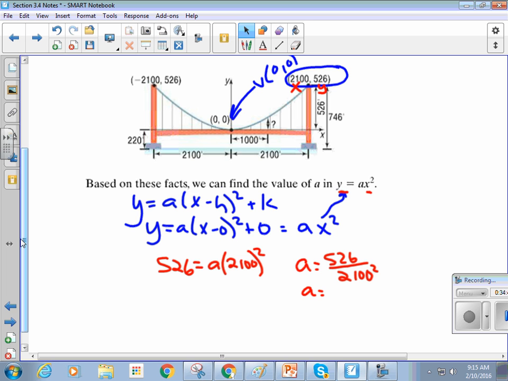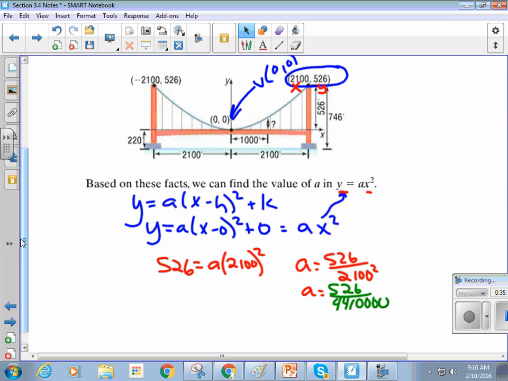We get a tiny, tiny number. So let me go 2,100 squared. I'll simplify it. So 526 divided by 4,410,000.